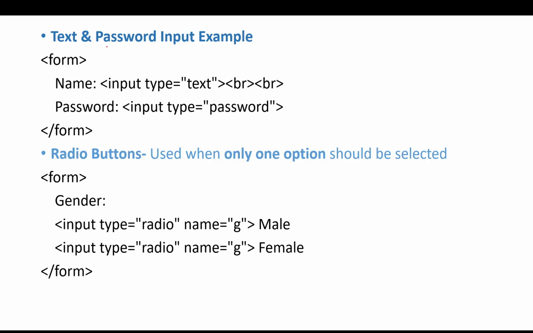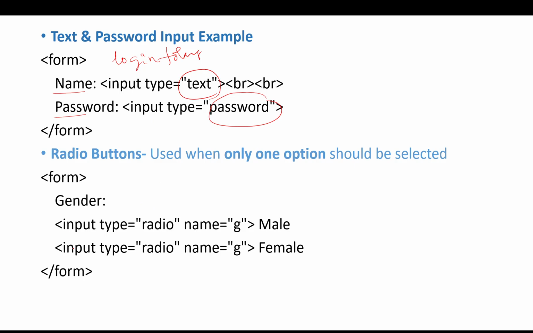Now let's see the first input types, text and password. These are used in login forms, registration forms, and so on. We can have the username and password. If you want to enter the username, the input type is text, and to enter the password, the input type is password.